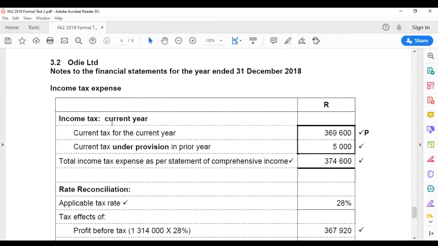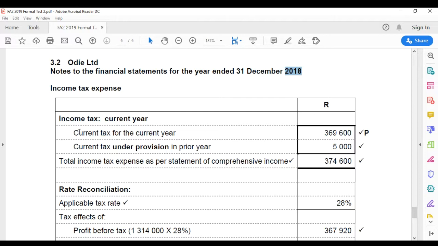So there we're going to explain to them. It relates to the current tax. The reason we call it current tax, in next year's Financial Accounting 3, you're going to deal with something we call deferred tax. So the current tax is just to distinguish it from deferred tax. And this current tax is for the current year, in other words, for the 2018 financial year or the 2018 year of assessment.